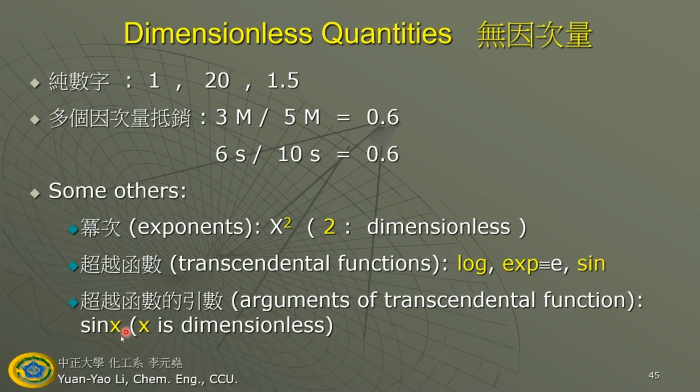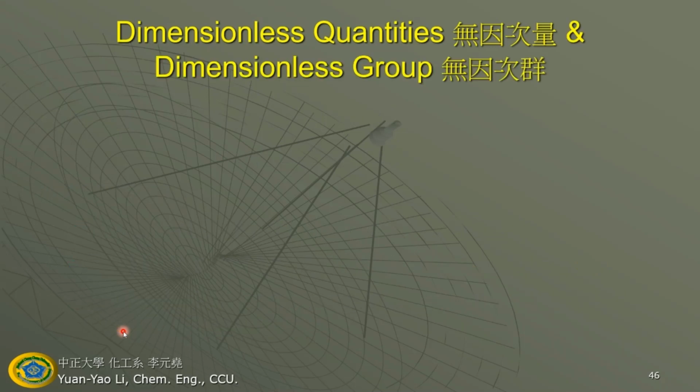So in sine x, x is a dimensionless quantity. Okay, so these three are important. I want you to know this. Once you do some kind of dimensional analysis, you will find out the physical meaning of the unknown symbols. So I'm going to give you an example here.